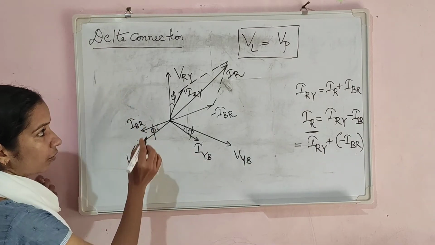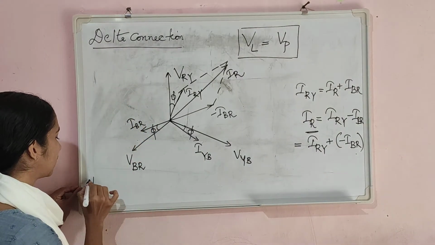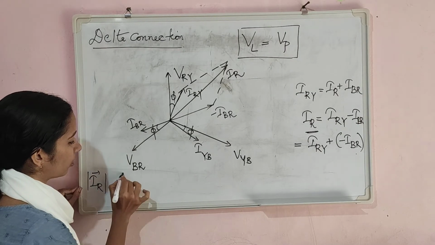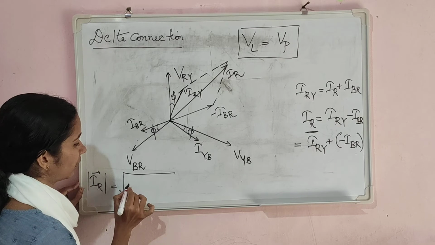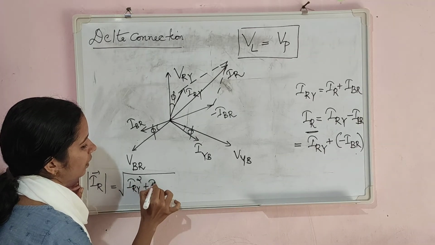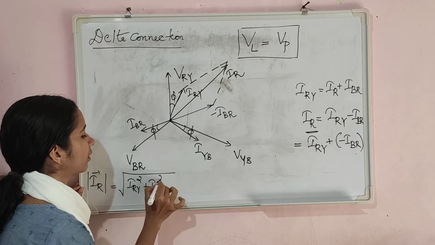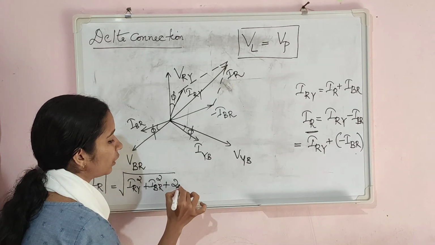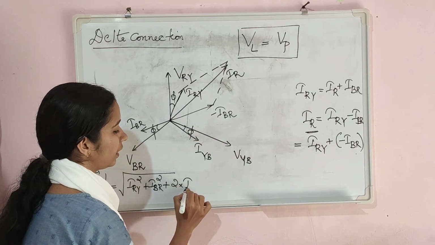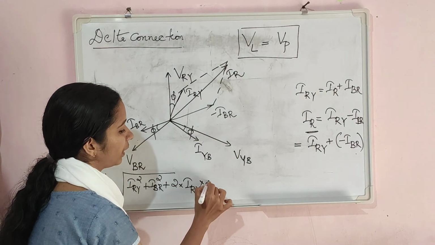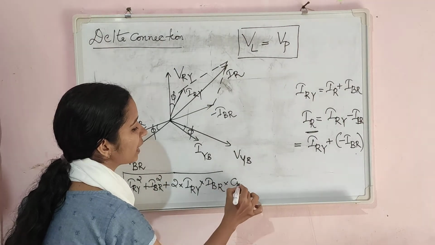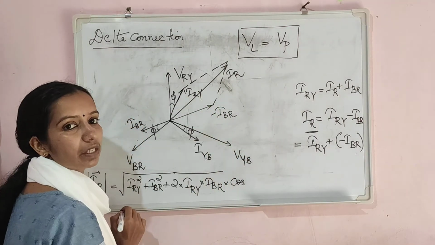According to the parallelogram law of vector addition, the magnitude of the resultant will be equal to the square root of IRY square plus IBR square plus 2 into IRY into IBR into cosine of the angle between the two vectors.